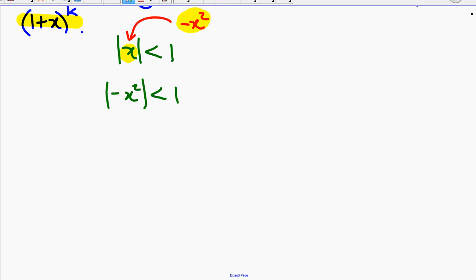You can take the square out, so this can be written as absolute value of x squared is less than 1. I explained that in one of my previous videos. Therefore, just take the square root of 1, which implies that absolute value of x is less than 1, because the square root of 1 is just 1.